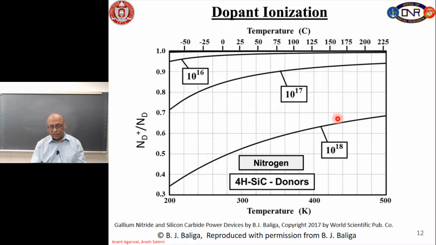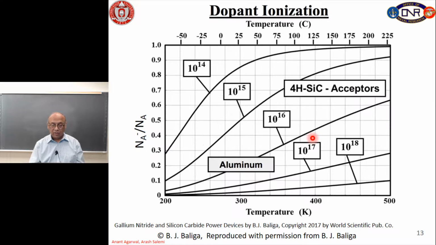So, as we increase the doping, the ionization reduces. For 10 to the 18 doping, only slightly more than 50% of donors are ionized. Basically, if your donors are deep, as in silicon carbide, then you don't get all the electrons from the donors at room temperature and even at higher temperature.